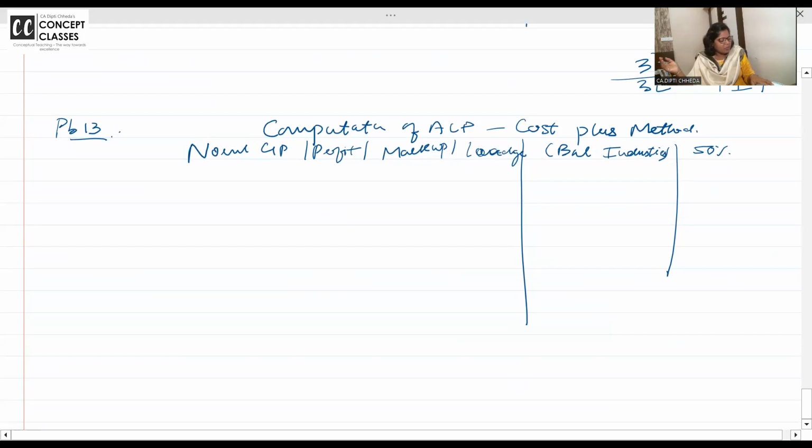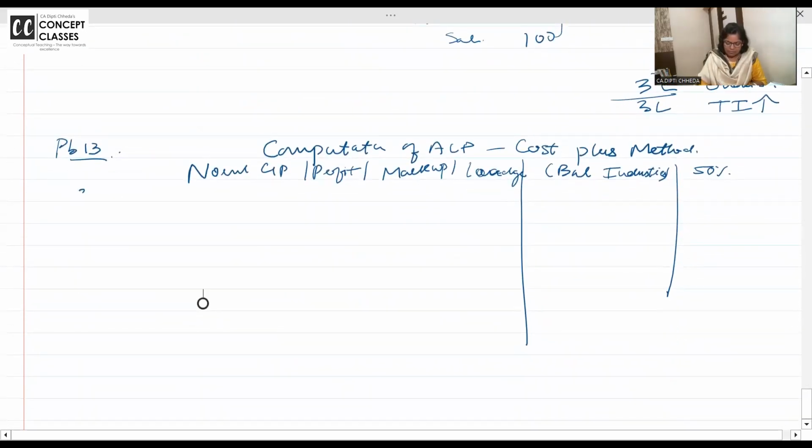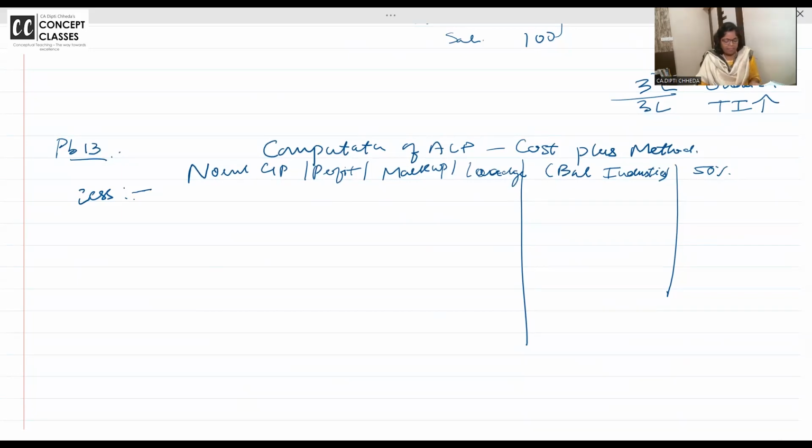Now put your left hand on the book and start reading one by one. Win Limited gives technological support to which can be valued at 8% of the normal. So functional differences we are adjusting. So you can write little in detail so that you follow also. Functional differences.